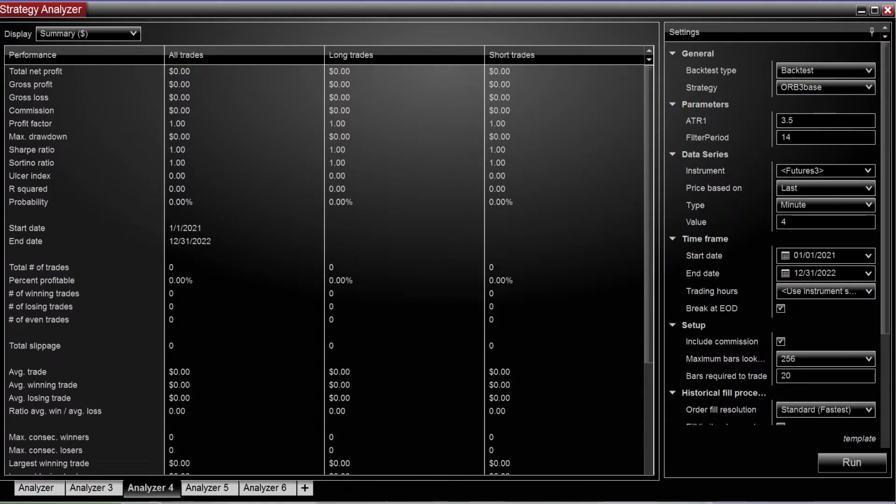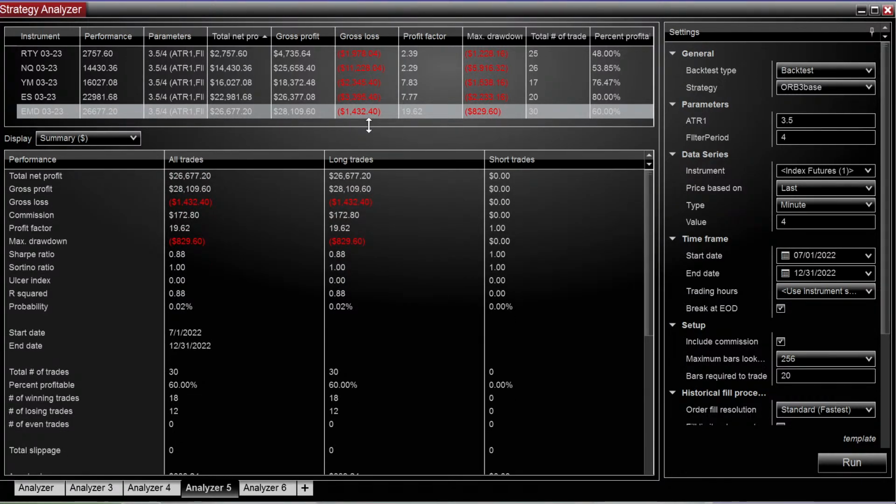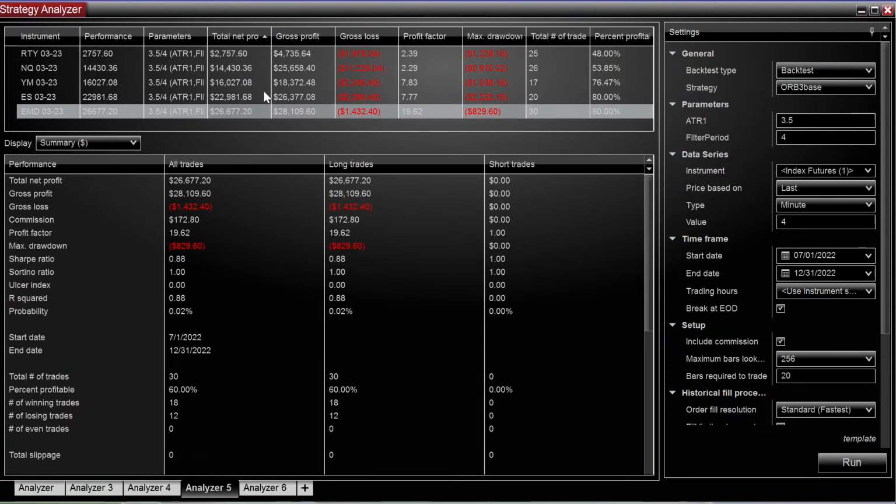So before we test the baseline, let's just see if we get better results. I just want more sample size, period.